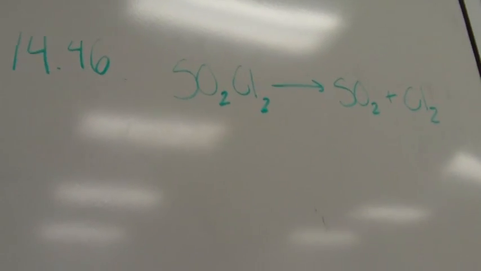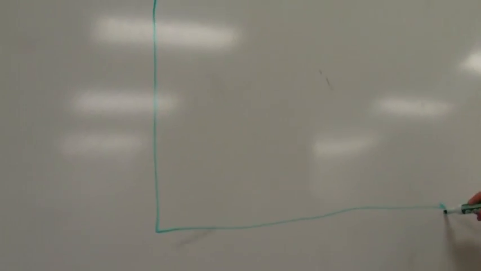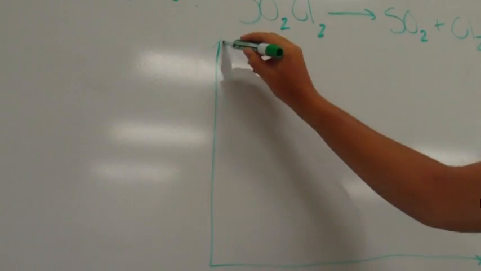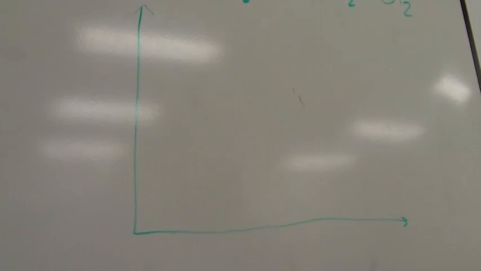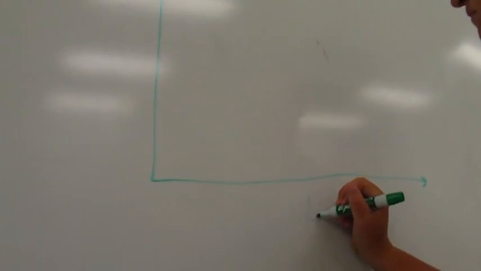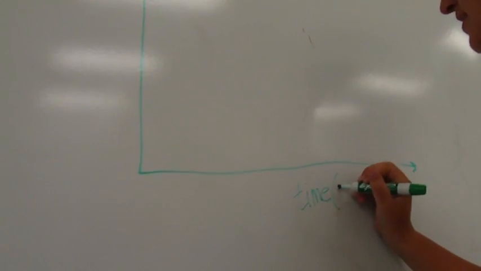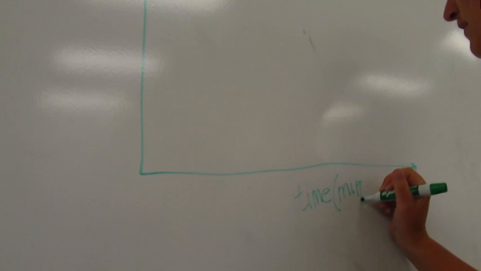All right, they want us to make a graph, and they told us what they want on the x and y axis, so that makes our life pretty easy. Time is on the x-axis, and that's given in minutes.